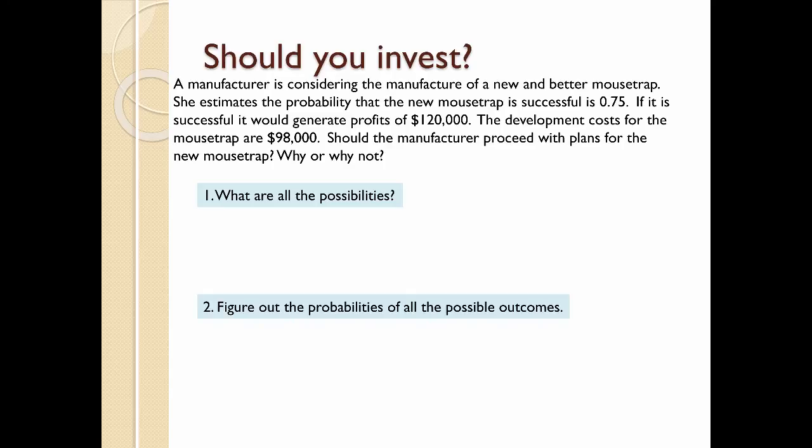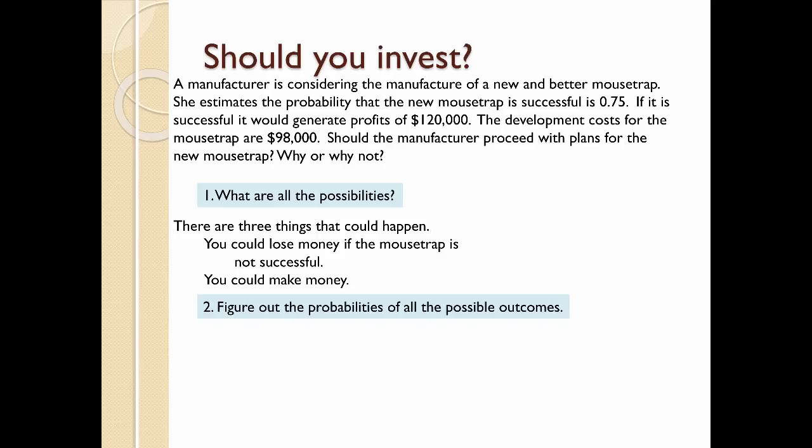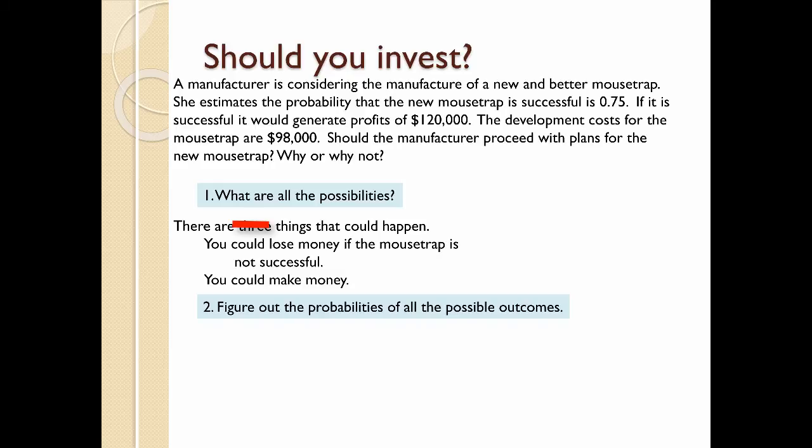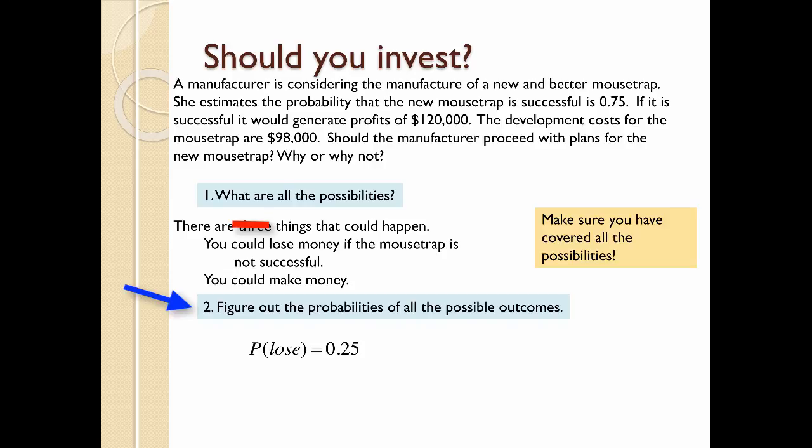Again, let's start. What are the possibilities? Well, there's two things that could happen. You could lose money if the mousetrap is not successful, or you could make money. Now, what are the probabilities of the possible outcomes?